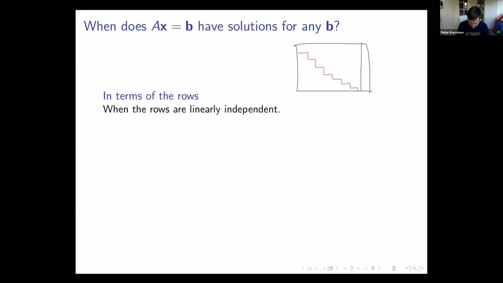Then it's 1, 1, 1, 1, 1, and so on, and there are zeros on top. And then the last column of the augmented matrix is not a pivot column, and so forth. So here we have x_c equal to some number b_c, b_n.